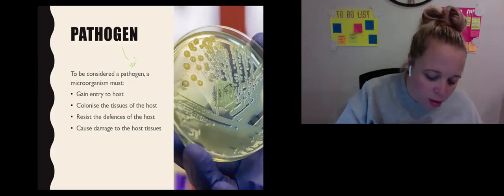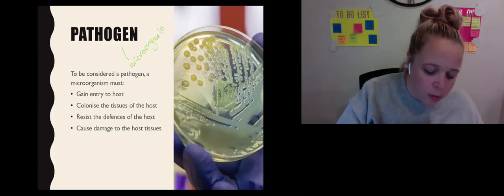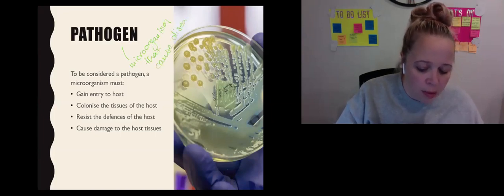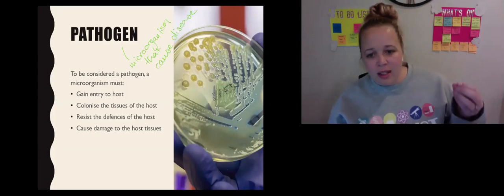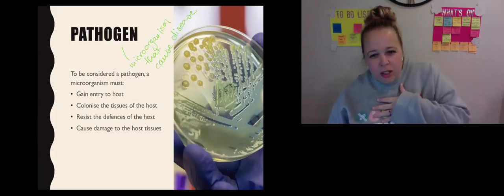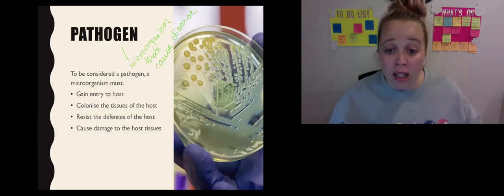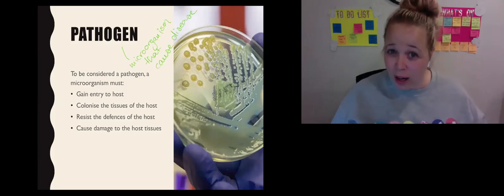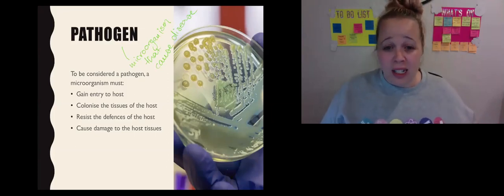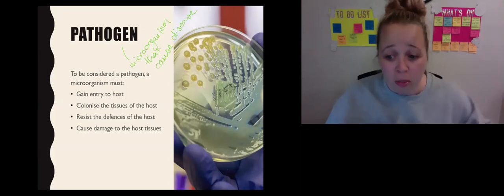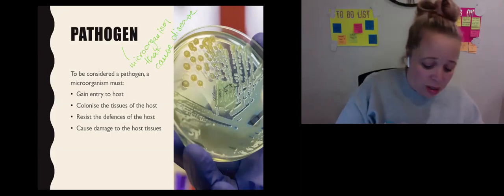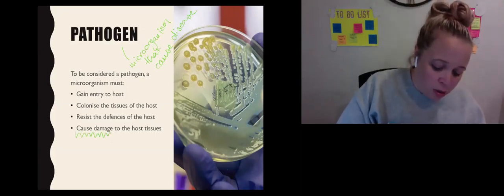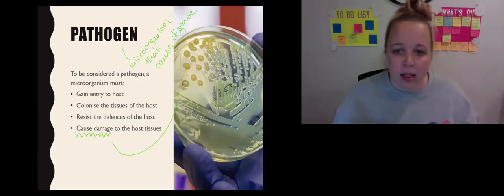So it's a microorganism that causes a disease. And what do we mean by disease? It means that it gains entry into your body or into a host. It colonizes your tissues, so it takes over a part of your body. Then it resists your defenses, so it blocks your immune system, and it starts to cause damage. That cause damage is the disease.